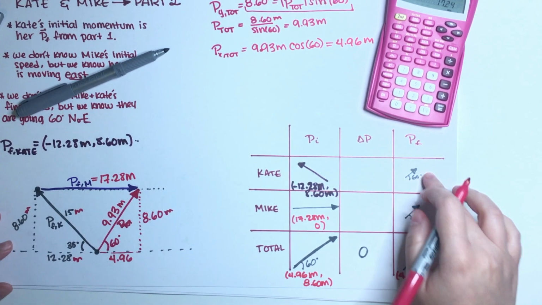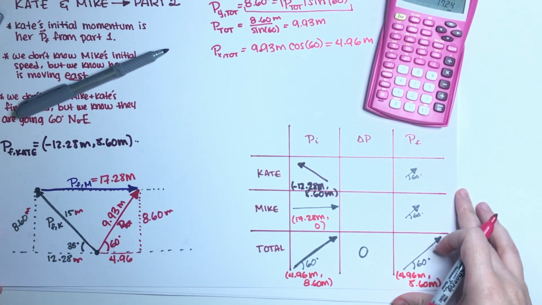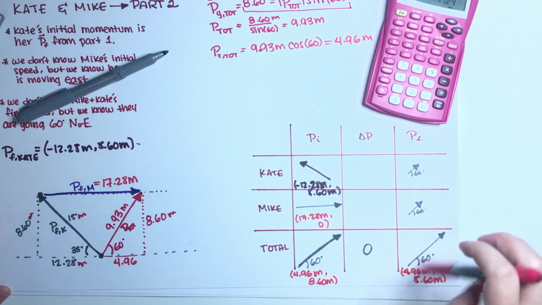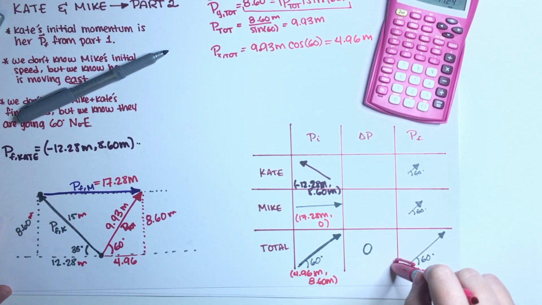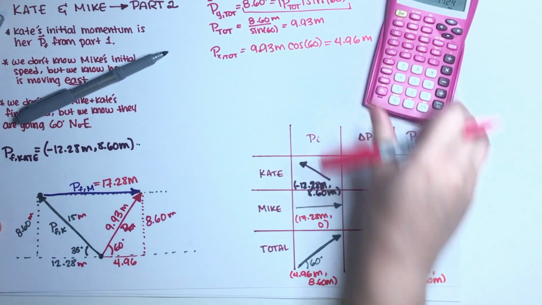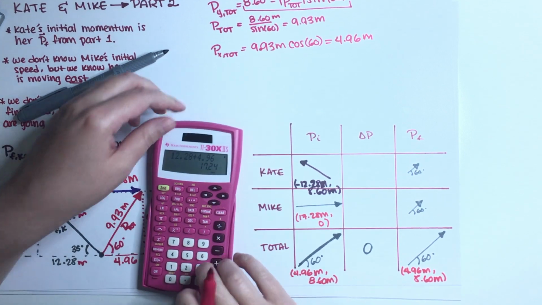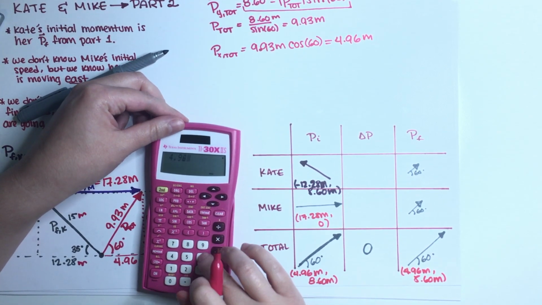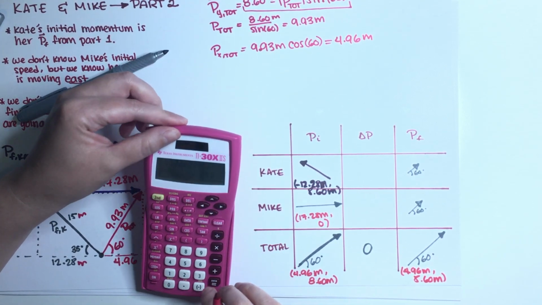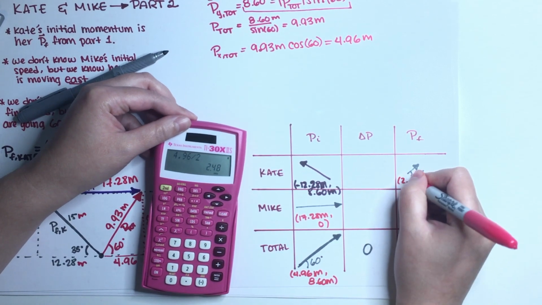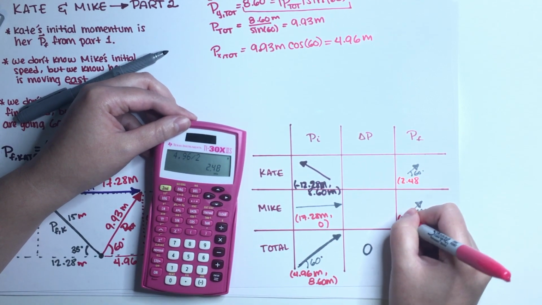And now going back to these vectors again, because Mike and Kate have the exact same mass, we're just gonna go ahead and divide this momentum in half. So let's just do 4.96 divided by 2, 2.48.